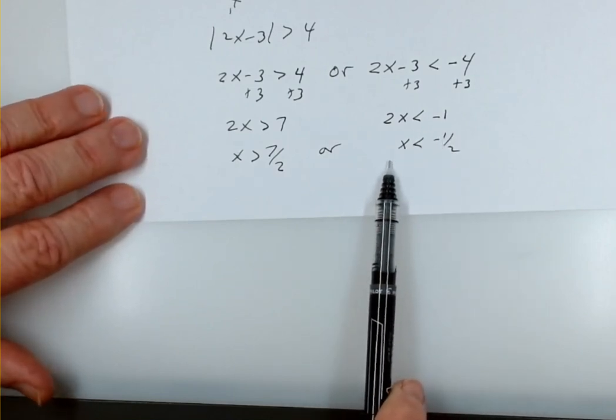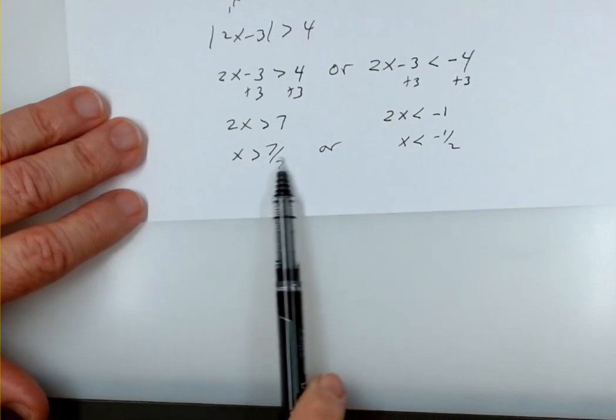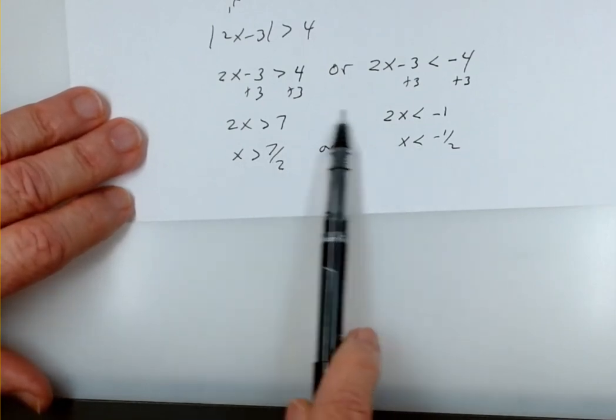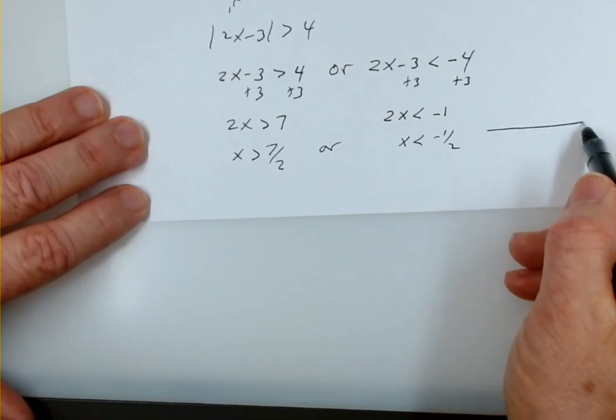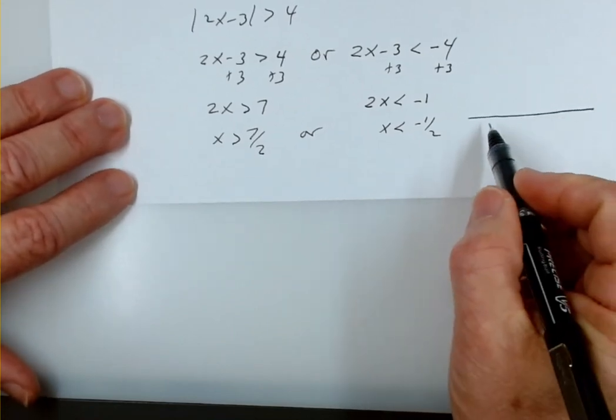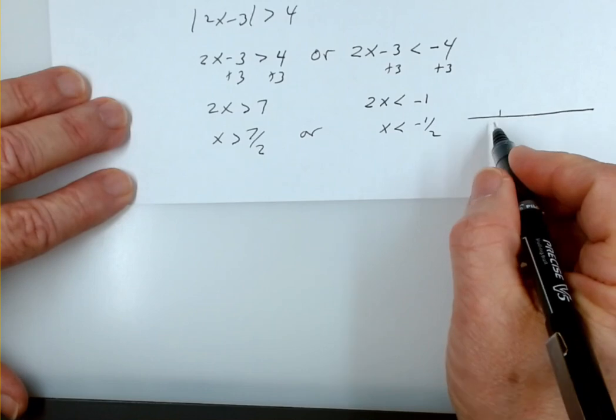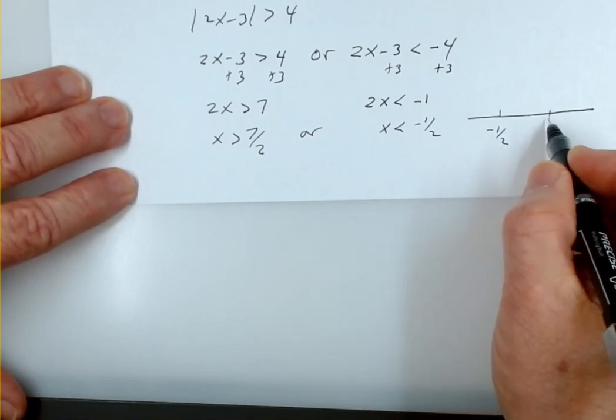But you want to put this in interval notation. Some students get confused how to write it when it looks like this, so it helps if you put this on the number line. Always put it in order: negative 1/2 is going to go before 7/2.